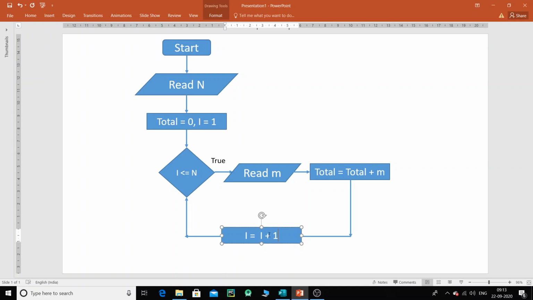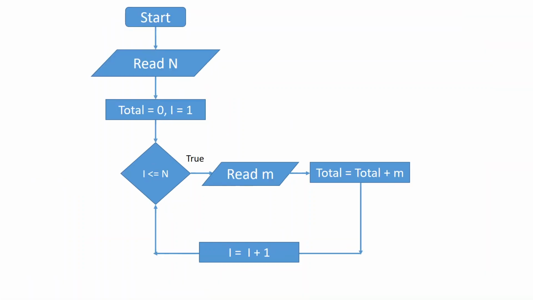Please remember that this is I and not 1, because this is a capital I. Now if I see the logic, I will be 1, n is 5, the condition is satisfied, read m, then the total calculation will take place, and then I becomes I is equal to I plus 1. Initially I was 1, so this will be 1 plus 1.